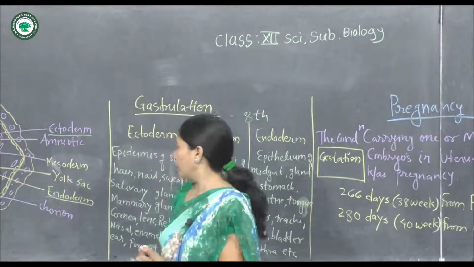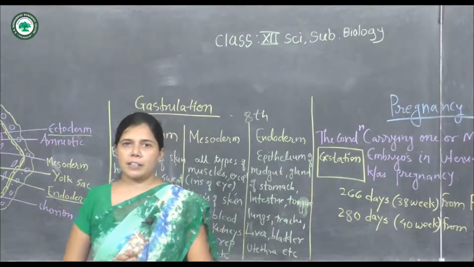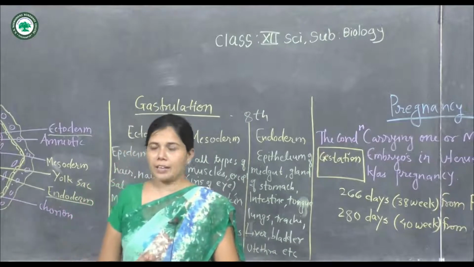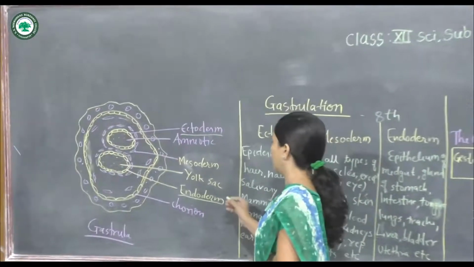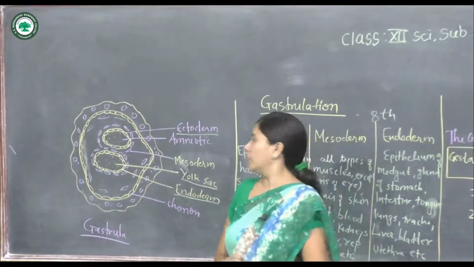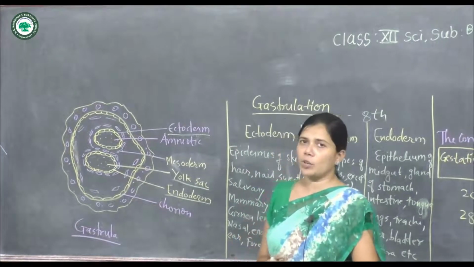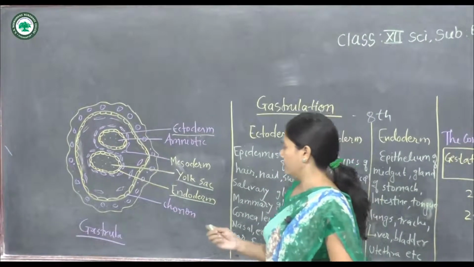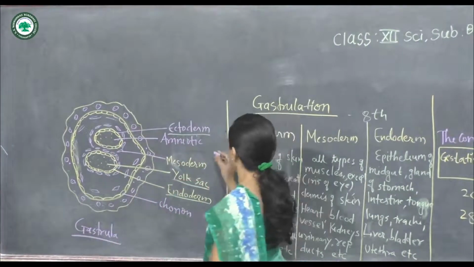The endoderm forms a sac known as the yolk sac, and the ectoderm forms a cavity known as the amniotic cavity.